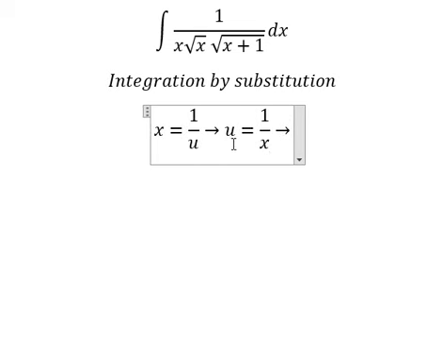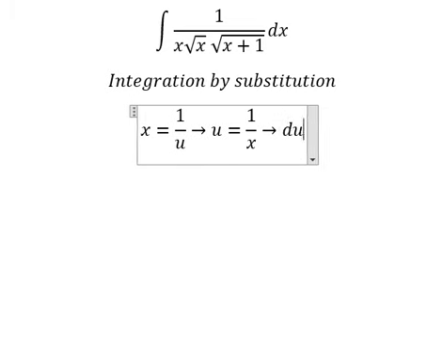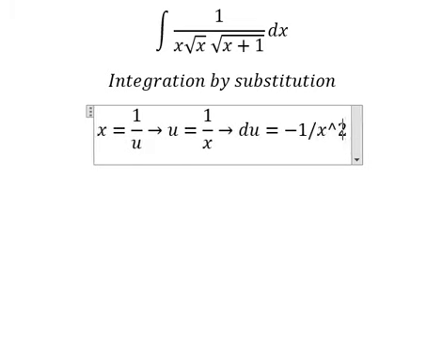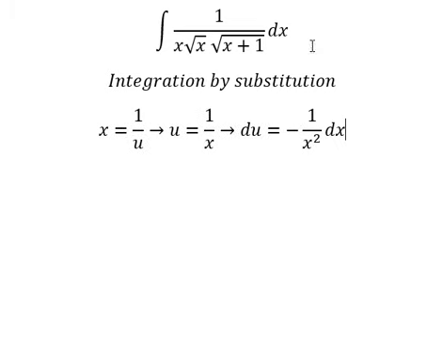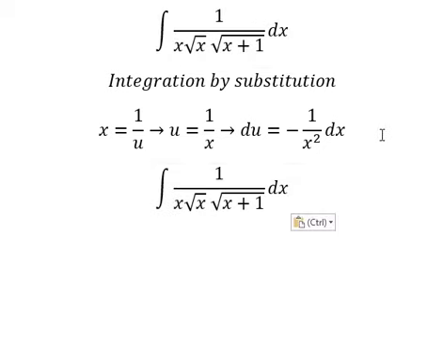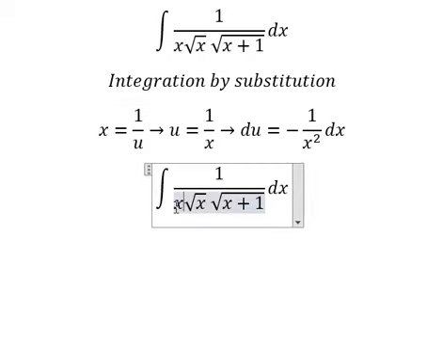So we need to do first the derivative for both sides, and we have like this. About s, we change for this one.